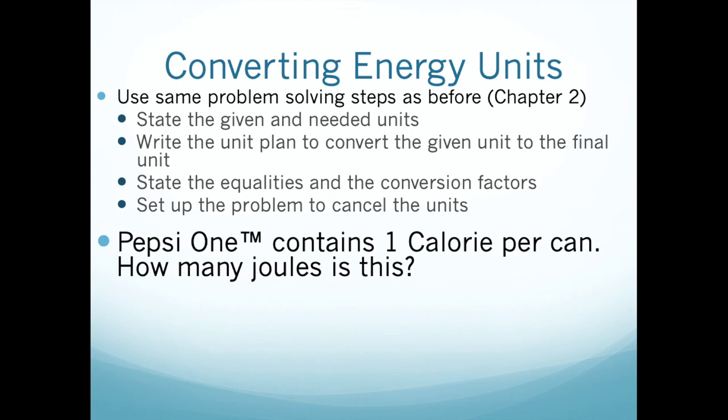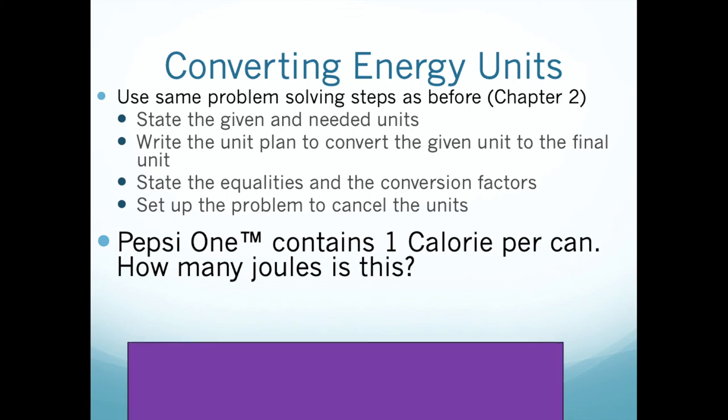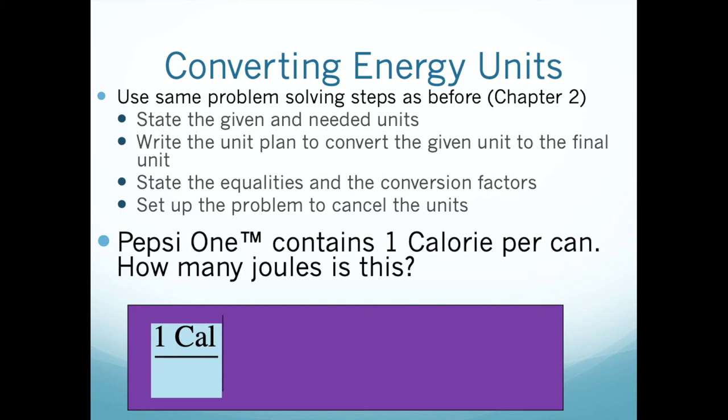And then we need to convert between metric calories and joules. So think about how we do that. What's the conversion factor for that? It's a number I asked you to memorize. Ask yourself, do I multiply or divide by 4.184?